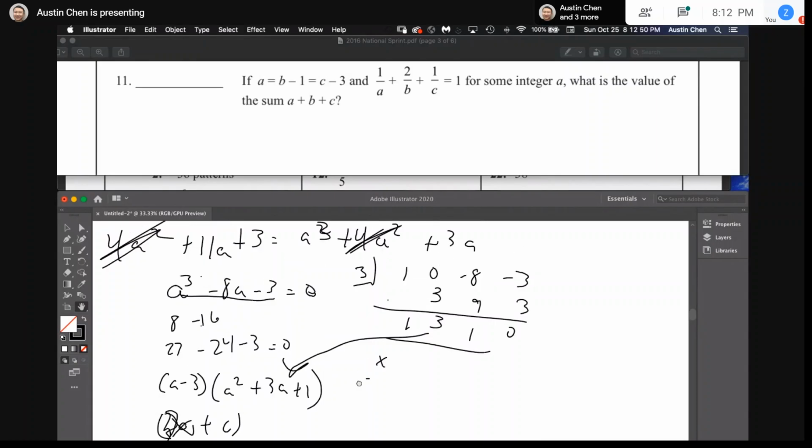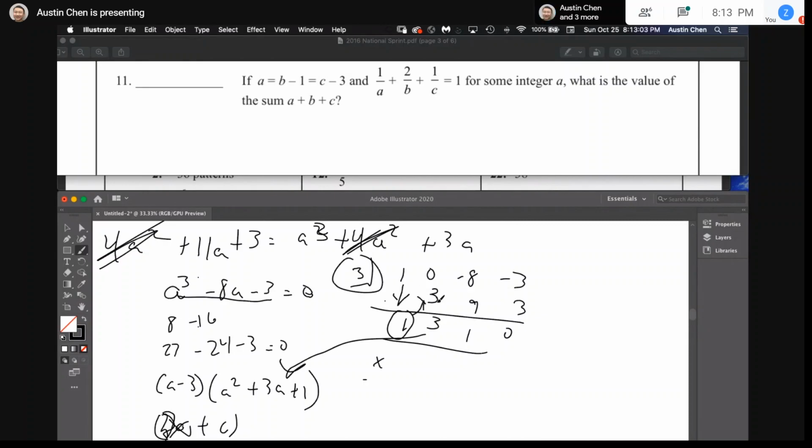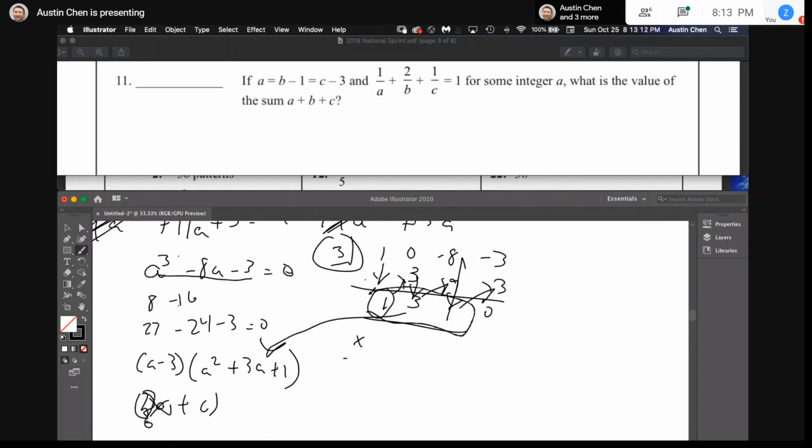So then you put the root into here, and then you first bring this down. That's the coefficient of the starting thing, and then you multiply this by this root, and then you add these and bring it down, and then you multiply, and then you add those and you multiply, and so on. And then these are the coefficients of your new polynomial. And this thing always has to be 0. This is actually a root, right?